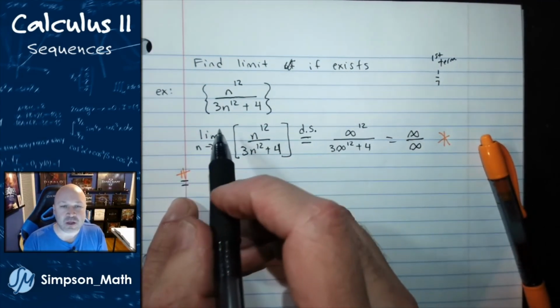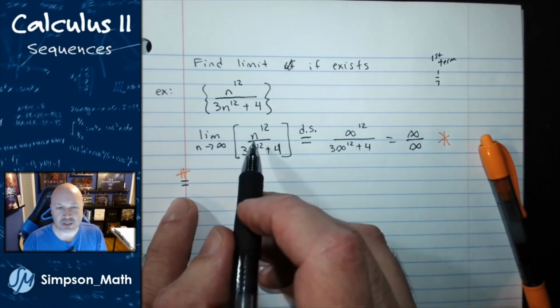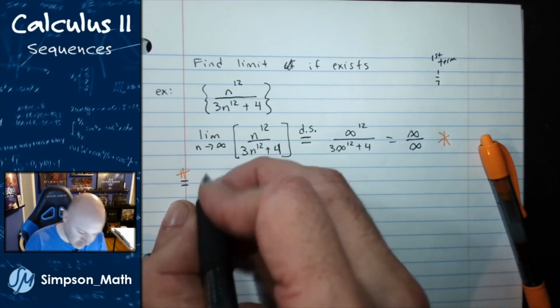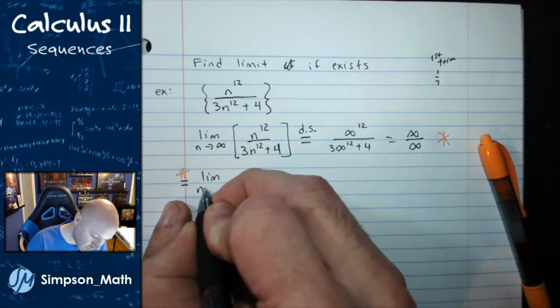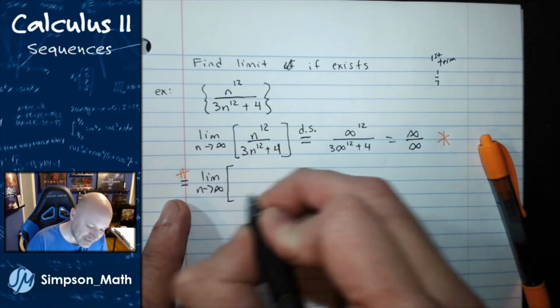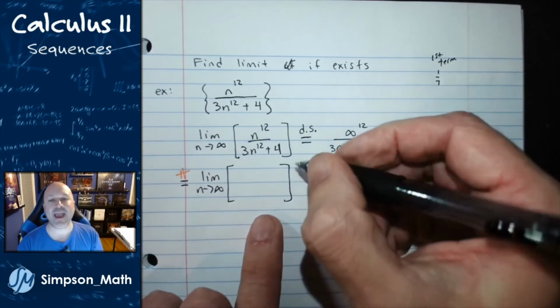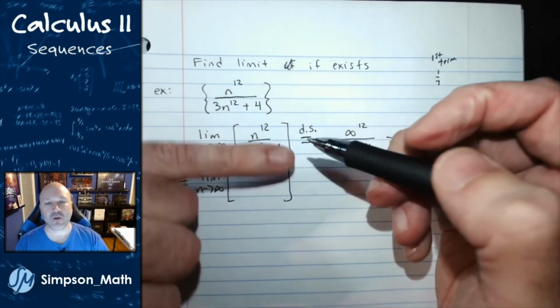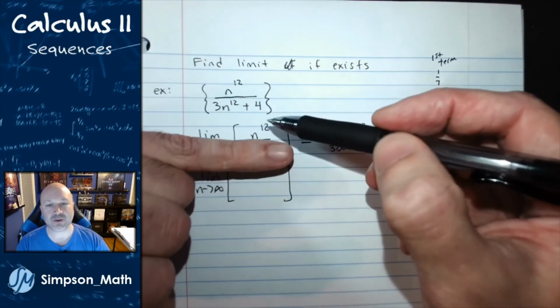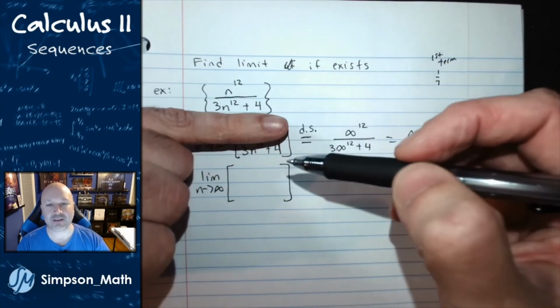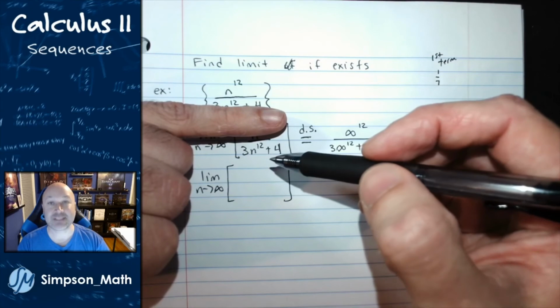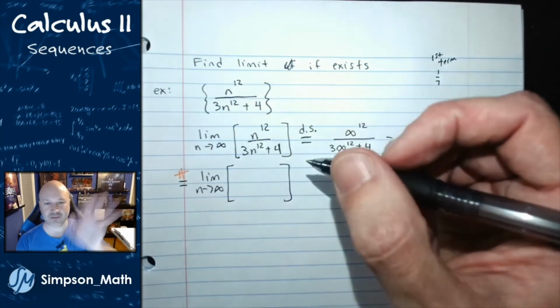Let's see. L'Hopital says the limit of this function is equal to another limit of a different function, and the different function is still a ratio, but it's the derivative of the numerator and the derivative of the denominator separately, not some kind of quotient rule. Don't get confused.